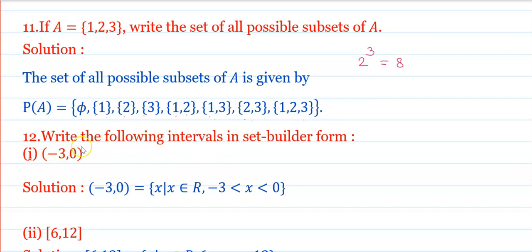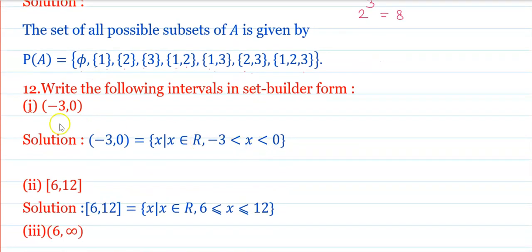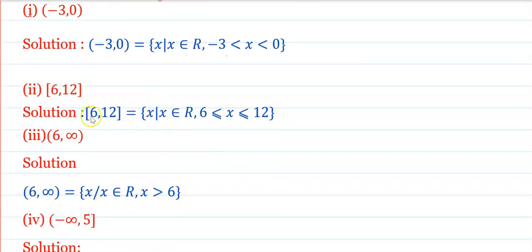Okay. Next question, write the following intervals in set builder form. Here the open interval (-3, 0): x is such that x belongs to the set of real numbers and x lies between -3 and 0. Here is a closed interval [6, 12]: x is such that x belongs to the set of real numbers, x lies between 6 and 12.